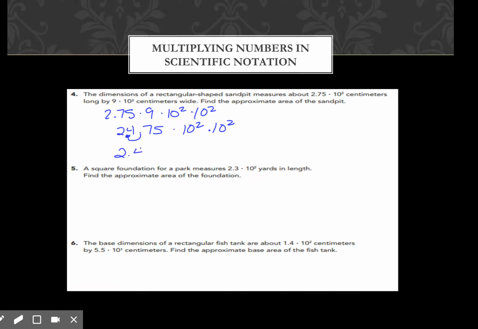So I get 2.475. Since I moved my decimal, I have to include that. And I'm going to just add my exponents. Product of powers, 1 plus 2 plus 2 is 5. So my final answer is 2.475 times 10 to the 5th.